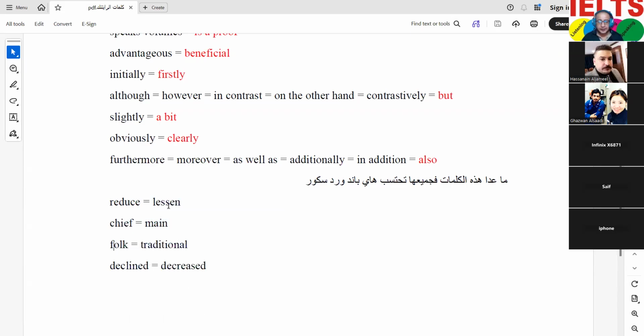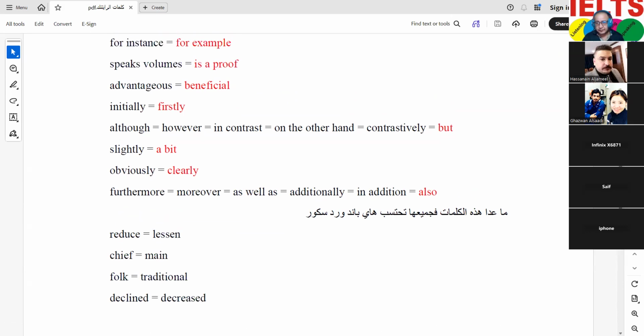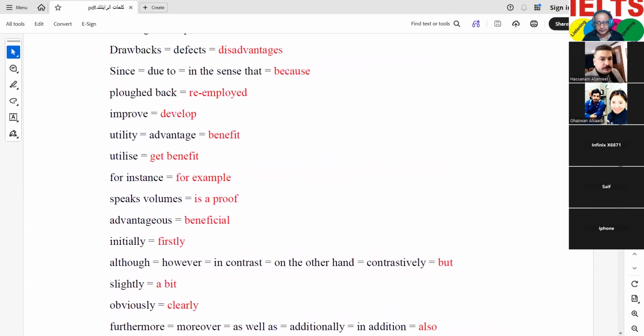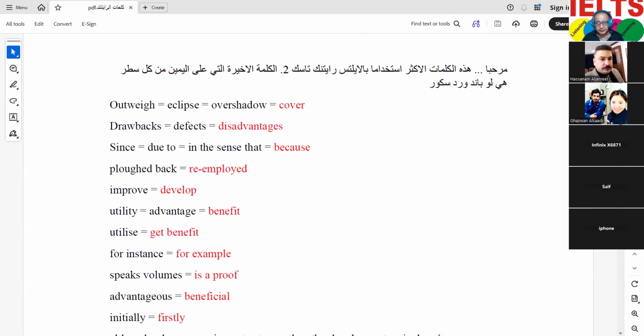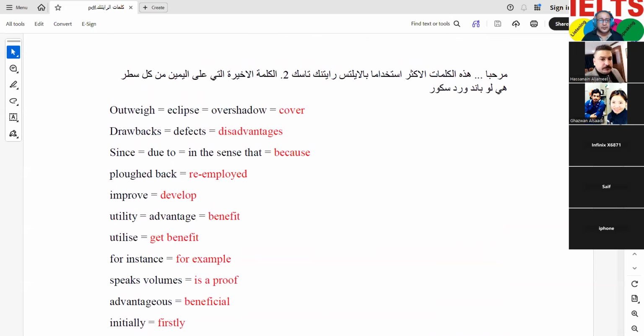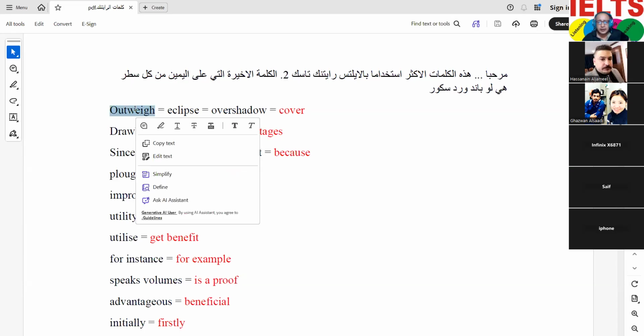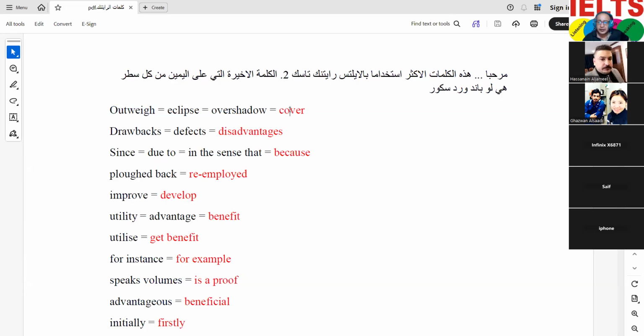Most welcome. The words in red above, that means they have a lower band in IELTS. What about the others? We call them medium band discourse. Do the others have the same band, or are they different? Outweigh is higher than using cover.